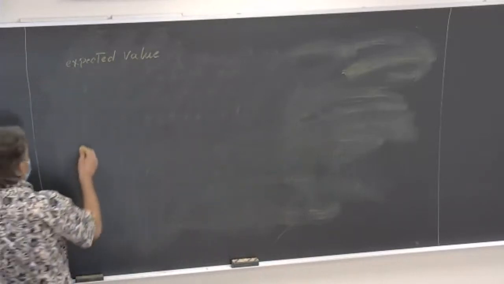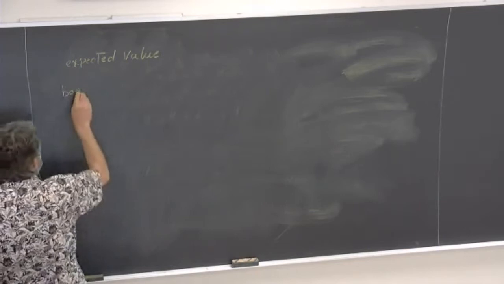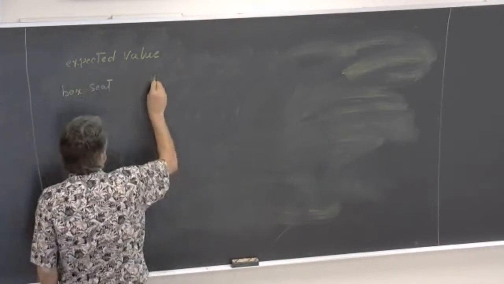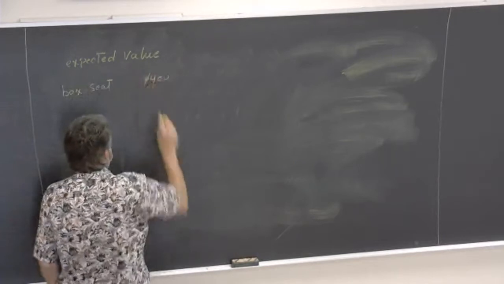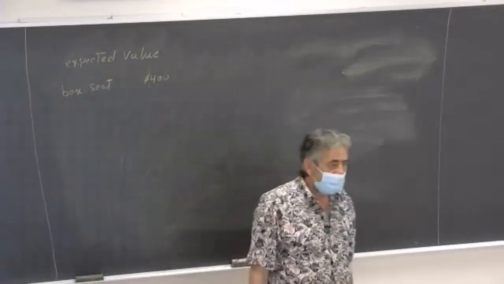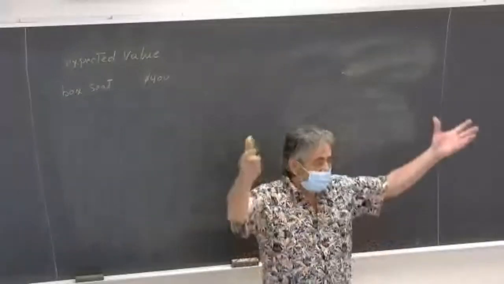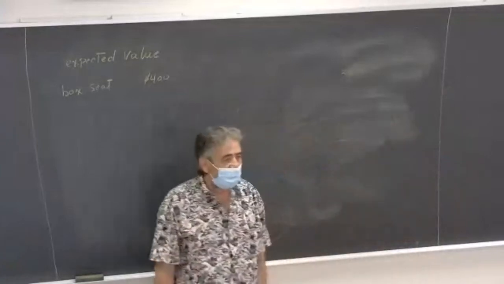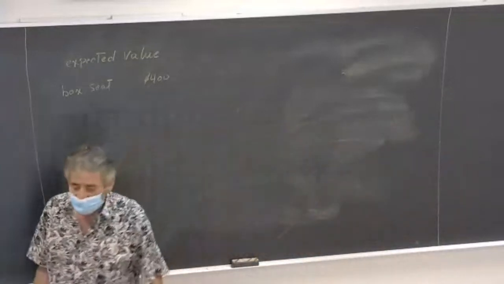You could win, say, a box seat that is worth $400. By the way, when you go to a concert, they have boxes where you can bring your family and sit in there, whoever you want in that box, and you pay $400.